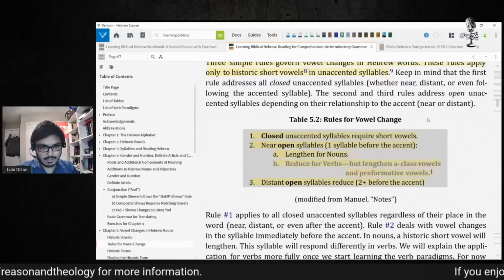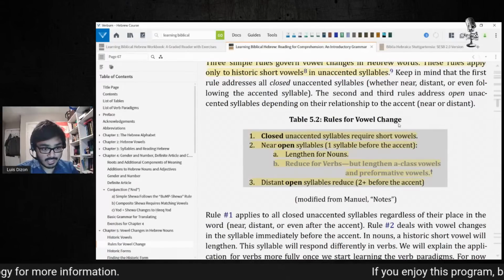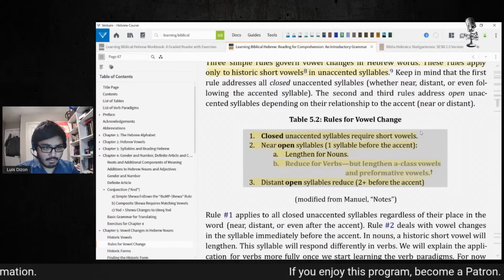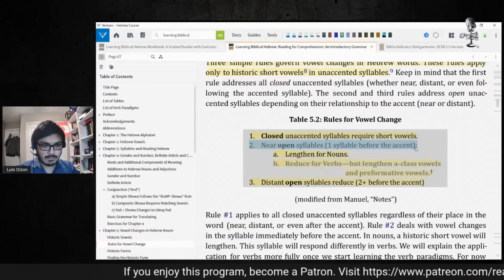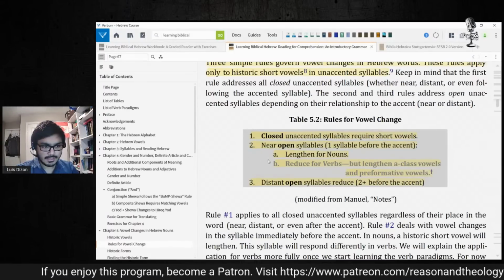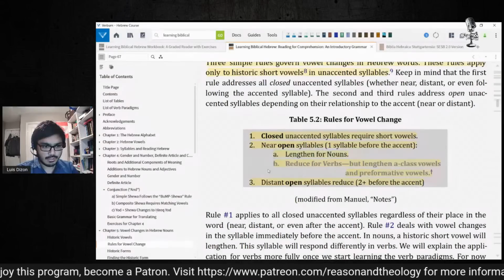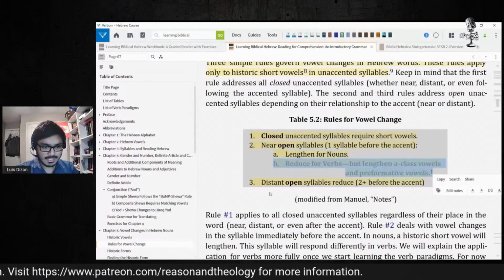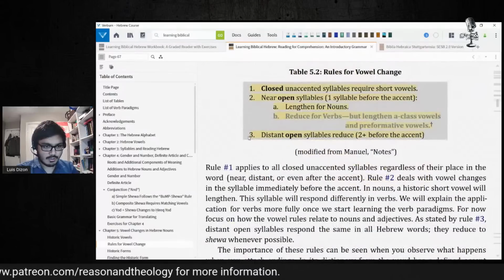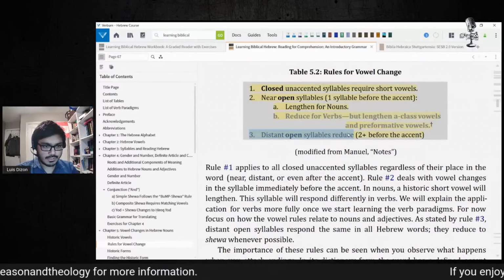So that is a syllable where there are two consonants in there. And near open syllables, one syllable before the accent, you lengthen for nouns and you reduce for verbs, but you lengthen A-class vowels. And then distant open syllables, you reduce.